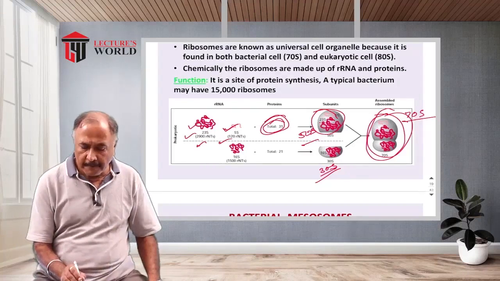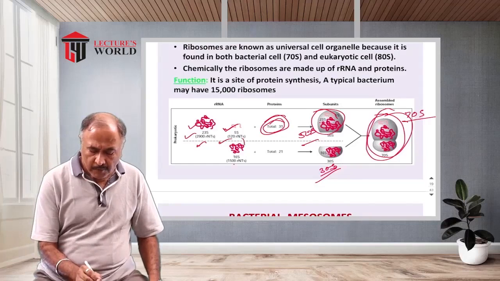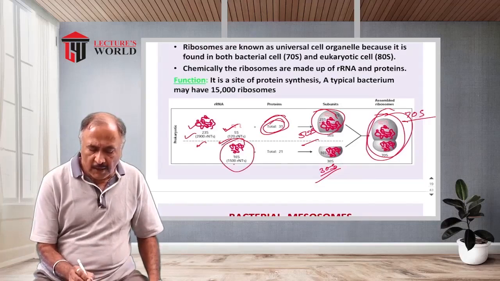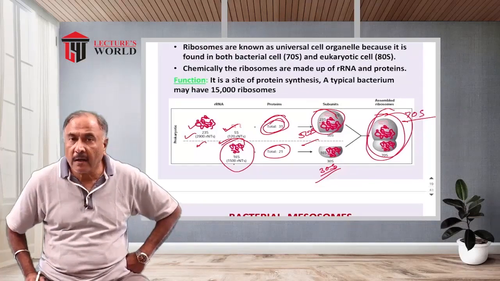While here, in the lower subunit, they are made up of 16S rRNA and 21 different types of protein. 16S rRNA.